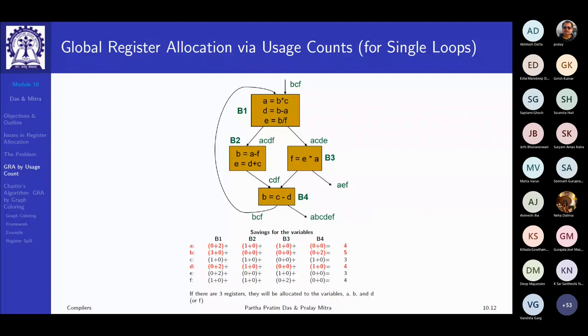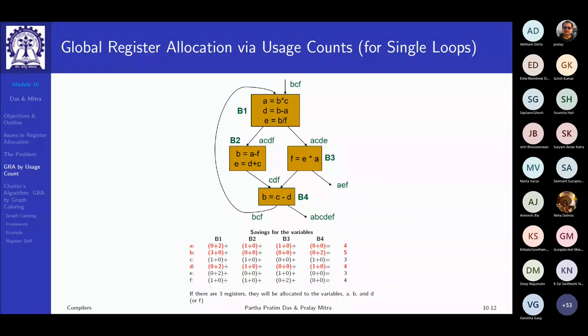Now, depending on the number of registers, I will pick up that many of the highest savings. So if there are 3 registers, then obviously B will be the first choice because it has 5. And I have 3 variables A, D, and F having the cost 4. So I'll pick up any 2 of them. That is arbitrary.